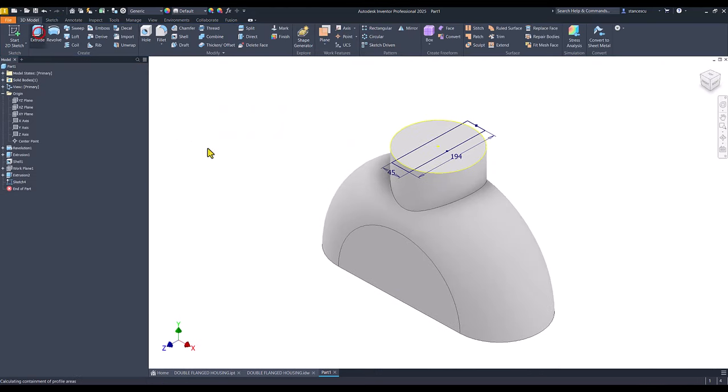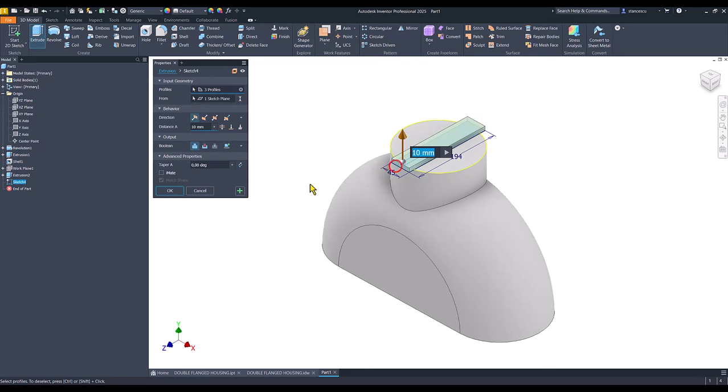Then extrude the other direction, join, 22.